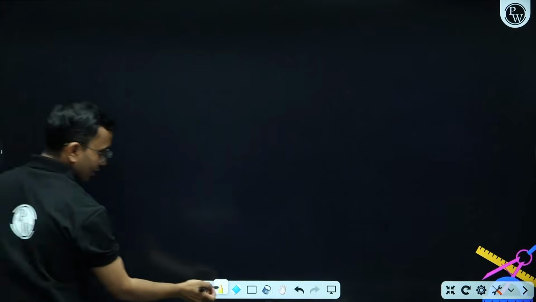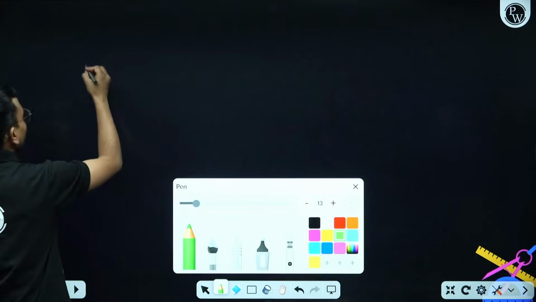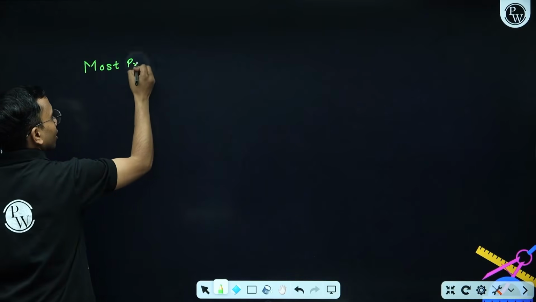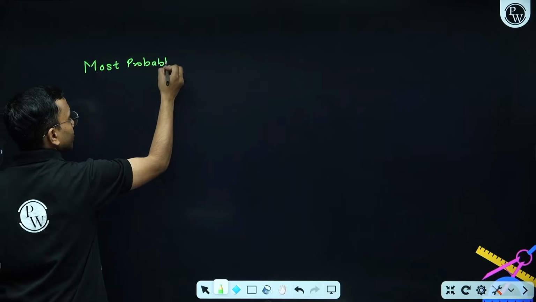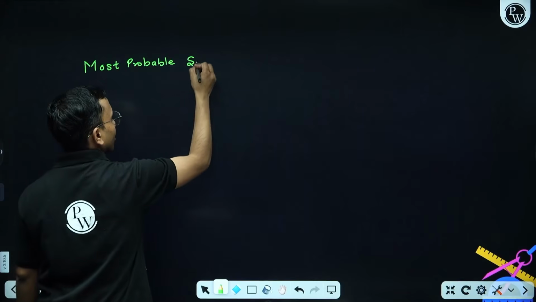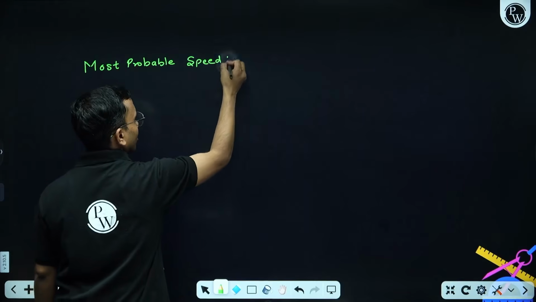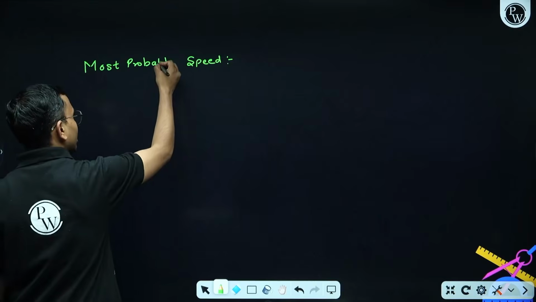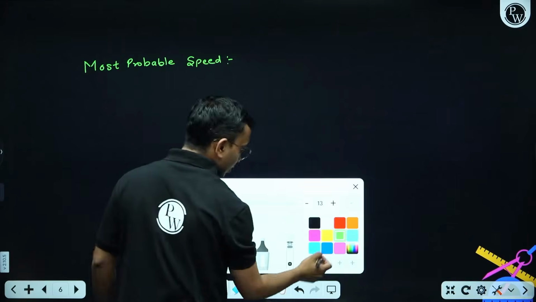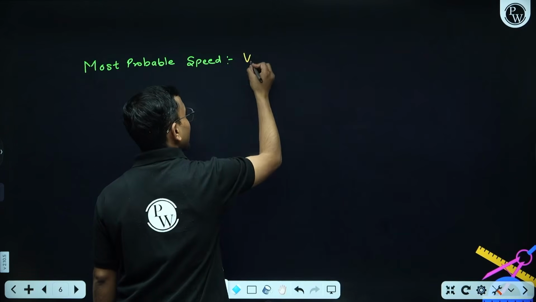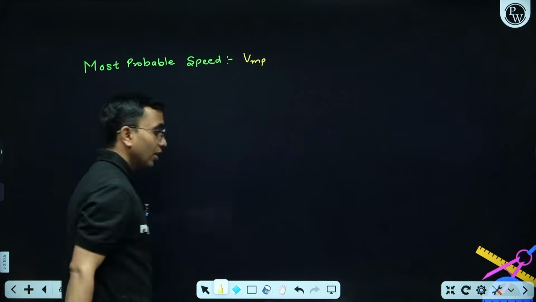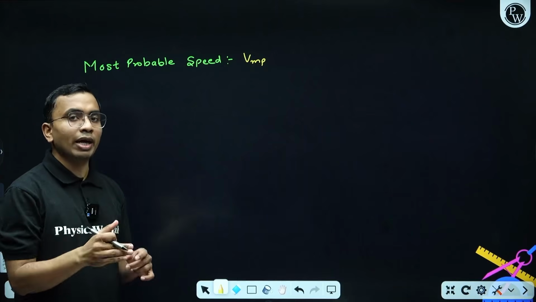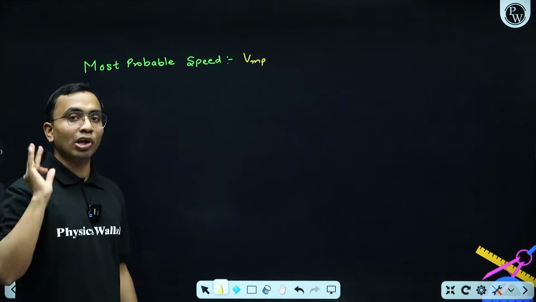Let me write with a different color. Most probable speed. Now what is the meaning of most probable speed? We denote it with VMP. Most probable speed means the speed which is possessed by the highest number of molecules.